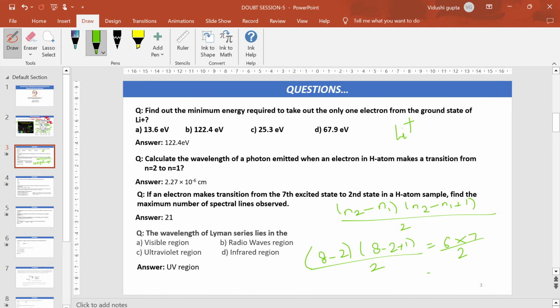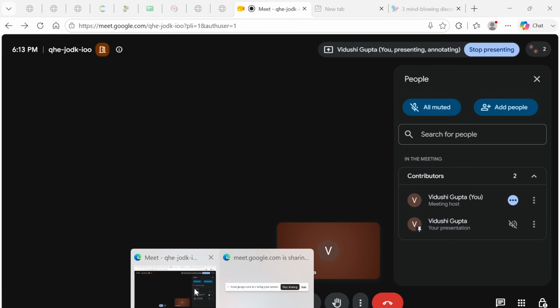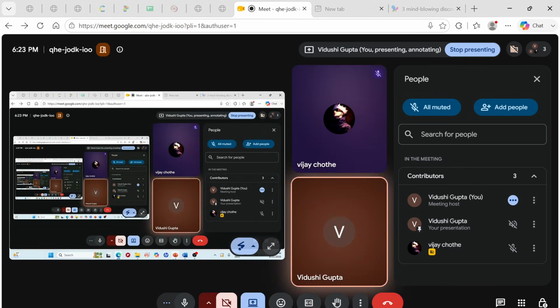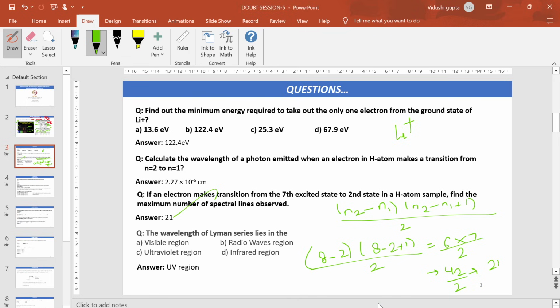So it will be 42 by 2, that is 21. So the maximum number of spectral lines observed will be 21. So this formula you should remember to calculate the maximum number of spectral lines: N2 minus N1 multiply N2 minus N1 plus 1.